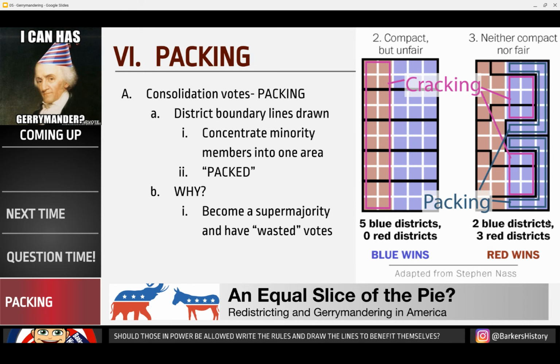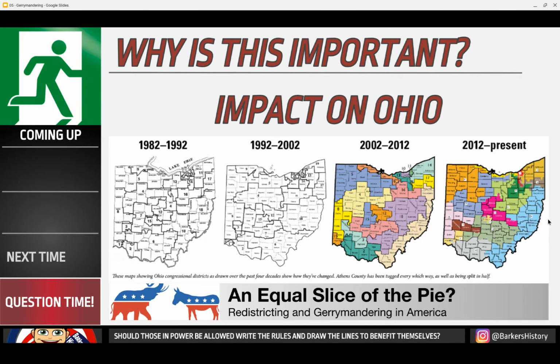Because it creates a supermajority. Effectively, if 70% of those people show up to vote, they're still voting for one person, and that one person is going to get elected. But if they had been in multiple districts and all of those people had shown up, maybe they have a better chance at having 2 or 3 or 4 people who vote the same way in the same district.